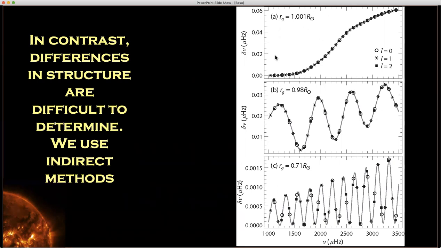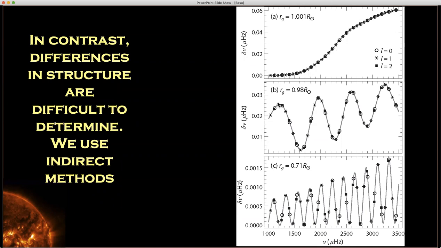Can you see my pointer? Yes, we can. Okay, thank you. So what I show here is the response of frequencies to a glitch very close to the surface. That is simply a smooth function of frequency.